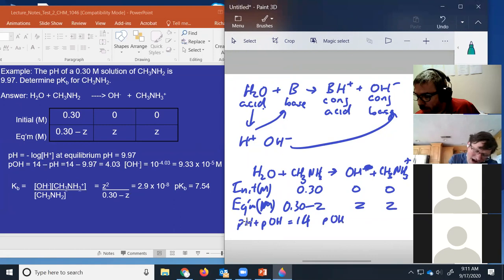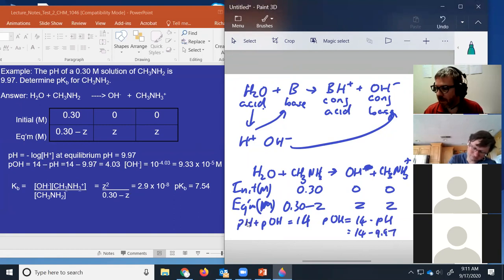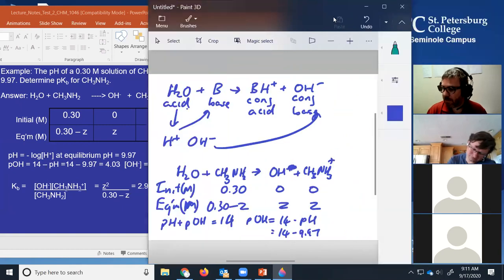The pOH is going to be 14 minus the pH, which is 14 minus 9.97. That allows us to get 4.03 as the pOH.